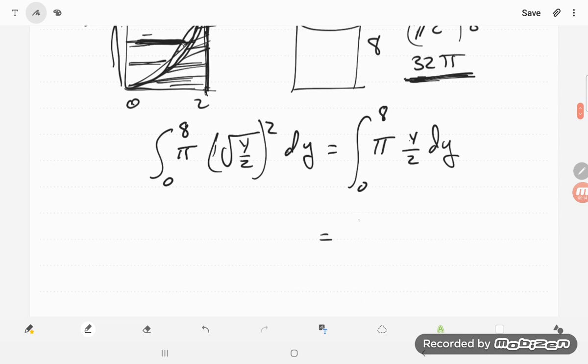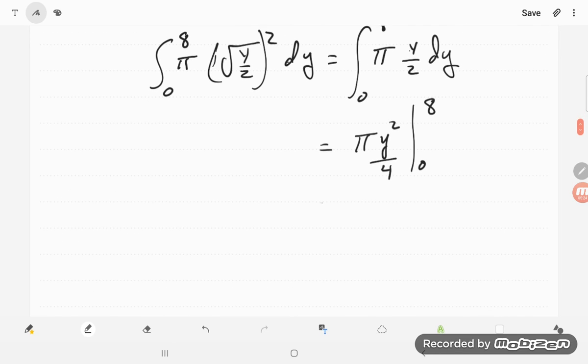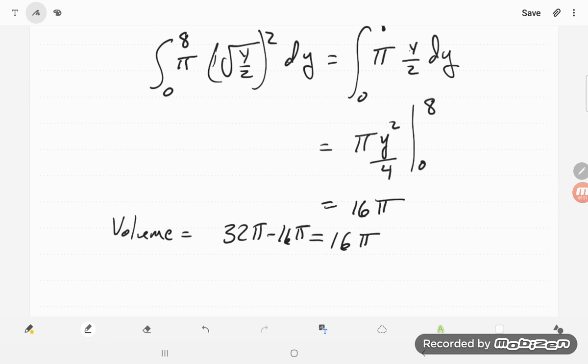So that becomes pi times y squared over 4 from 0 to 8. Well, 8 squared is 64, divided by 4 is 16, so that's 16 pi. And so our total volume is equal to the 32 pi of the cylinder minus the 16 pi of the inside, and we get 16 pi.